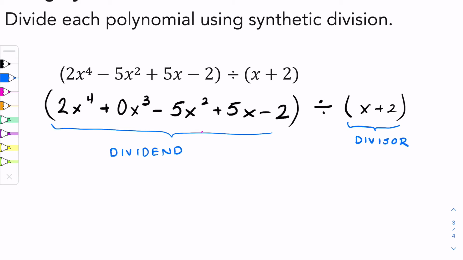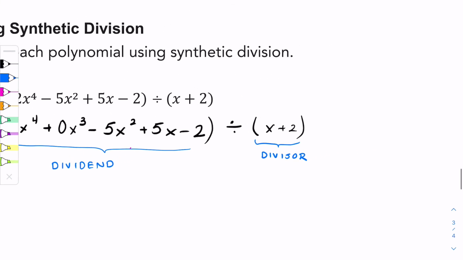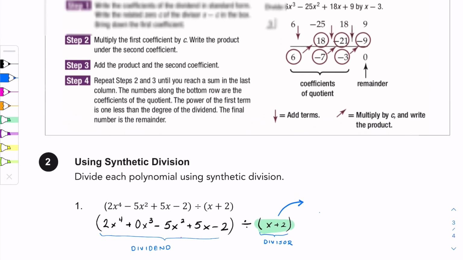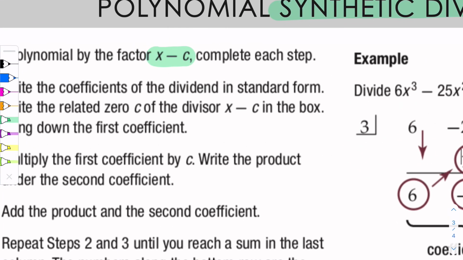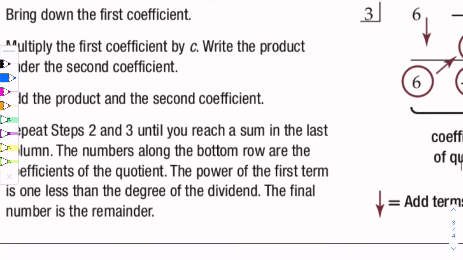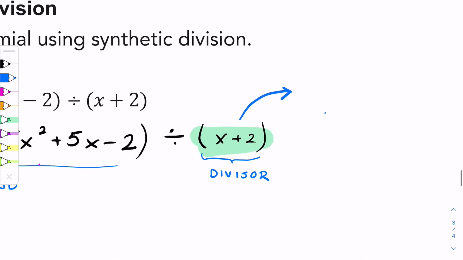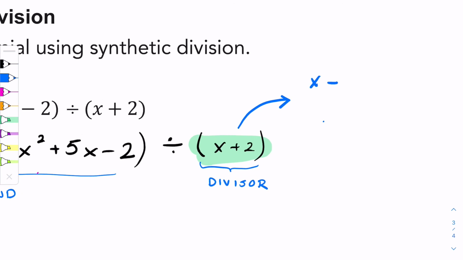Now there's something a little bit different about synthetic division. You need to find your synthetic divisor. We're going to take this expression of x plus 2 and we're going to write it in standard form. So remember above I highlighted in green up here that standard form is x minus c. So down here, if this was standard form, it would have to be in the form of x minus c.